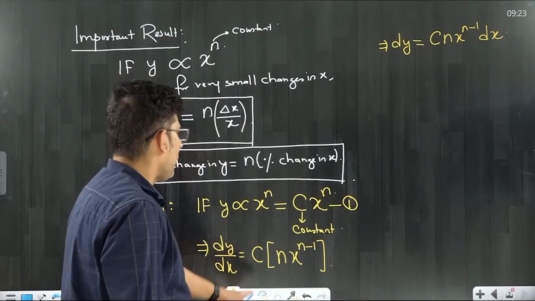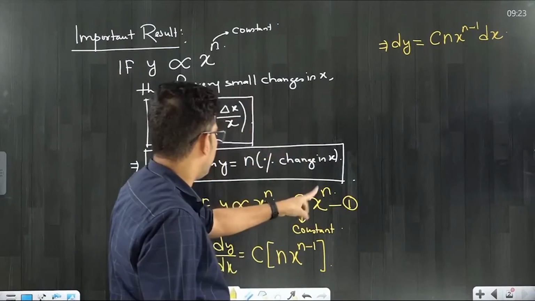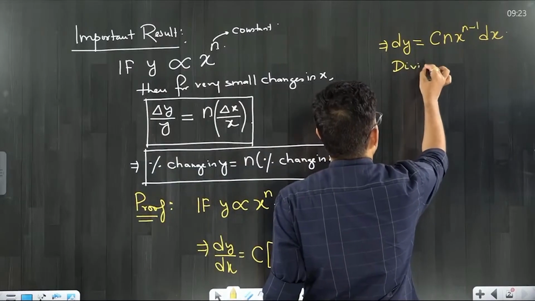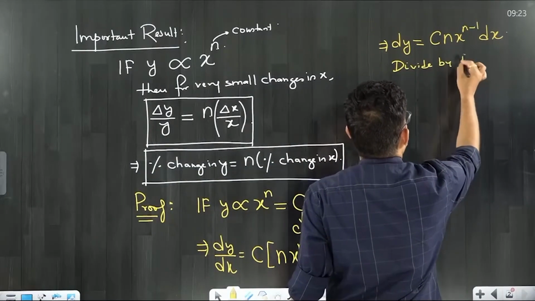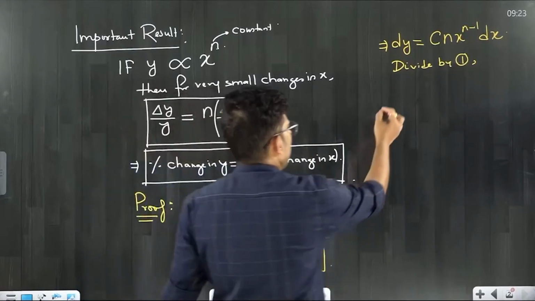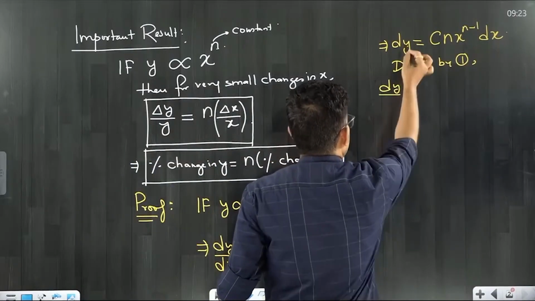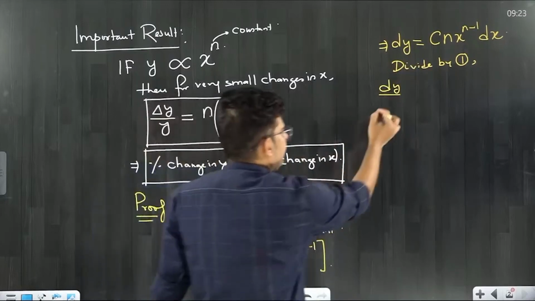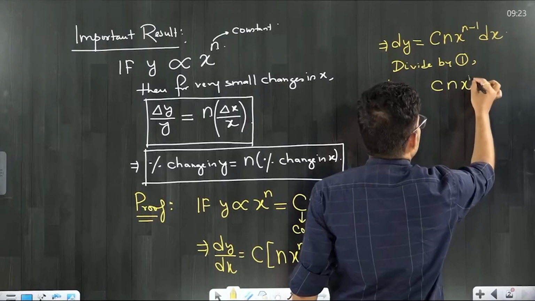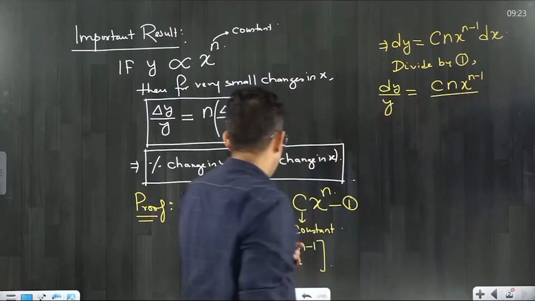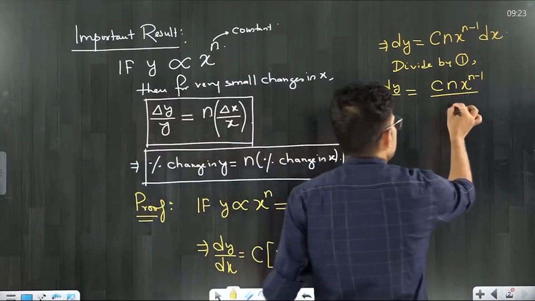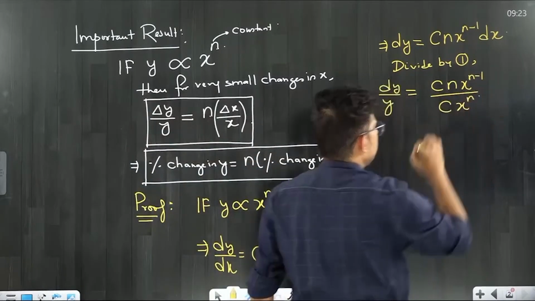Okay. Now what I am doing is just dividing this by the first equation. So if you divide by the first equation, what will you get? dy divided by y. On the right-hand side you have c n x to the power n minus 1, and on the right side you have c x to the power n.